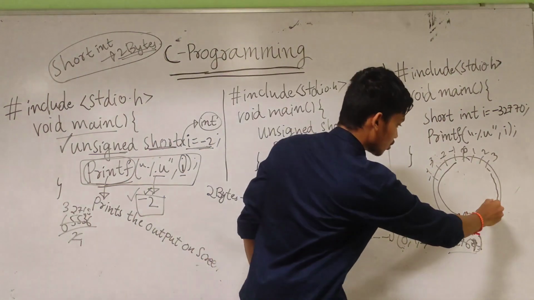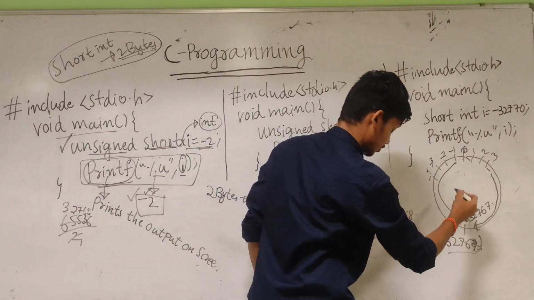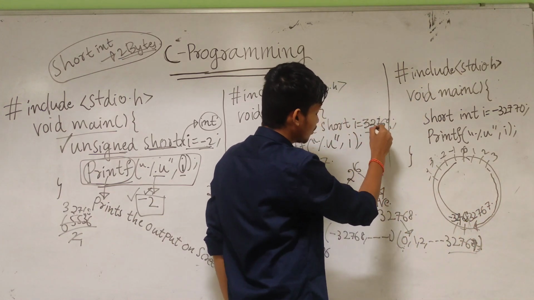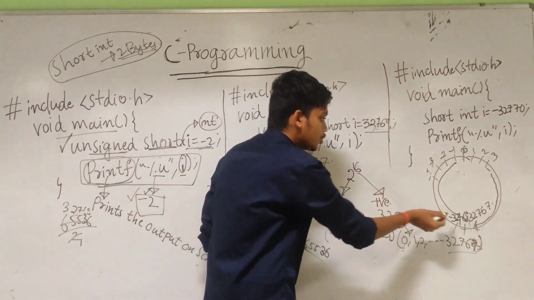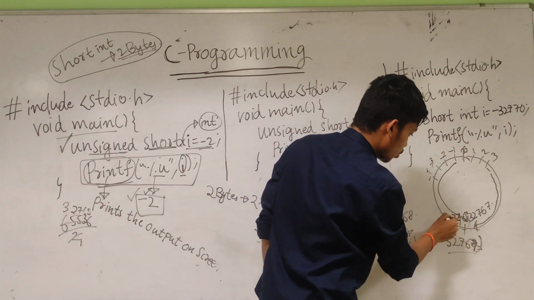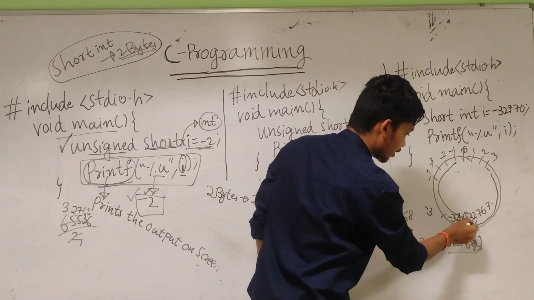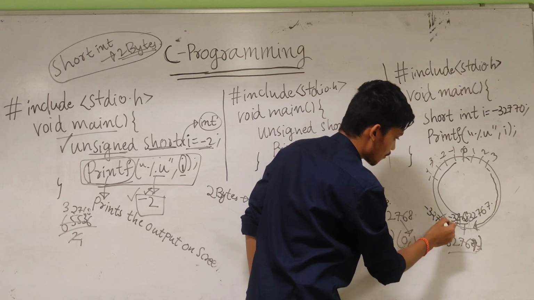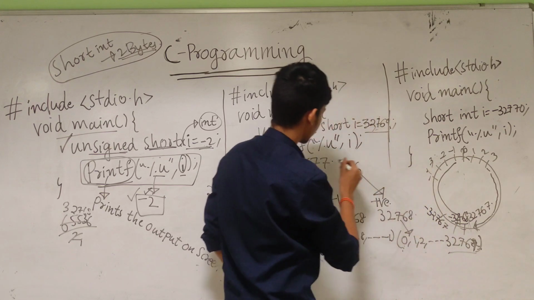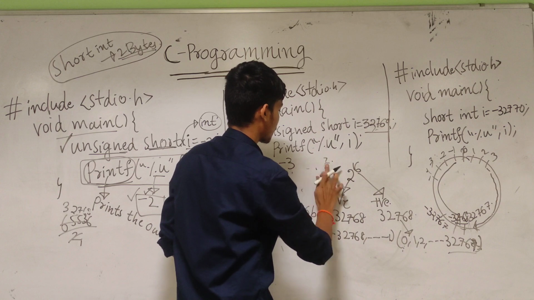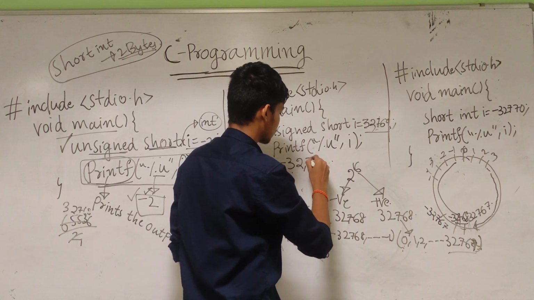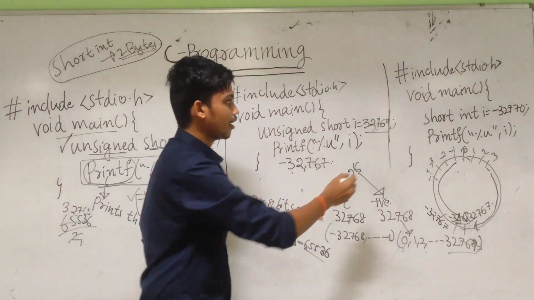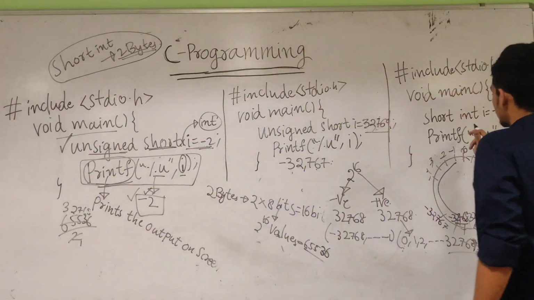If you come up to 32,767, for getting 32,769 you need to go 2 steps ahead. In the first step you will get a negative value, -32768. In the next step you will get -32767. So here you will get -32767.